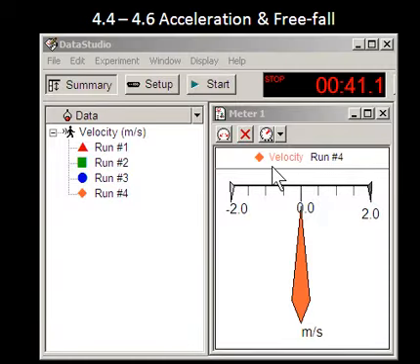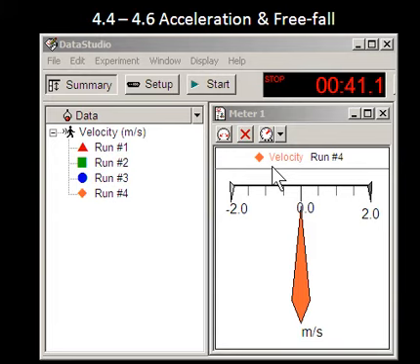So as I run the cart up the ramp, what you should see the velocity do in a minute is suddenly change to a negative value, maybe -1, -1.5 meters per second as I get the cart moving. And then you should see the velocity steadily increase from -1.5, wherever it started, through 0, up to +1.5.